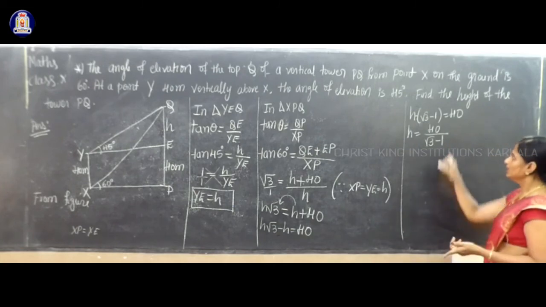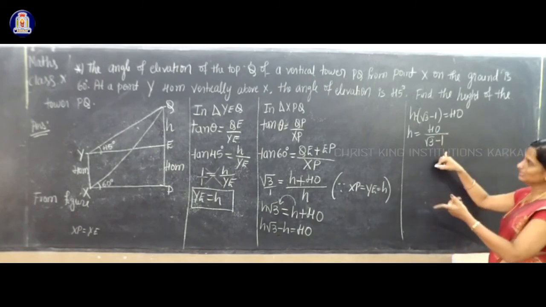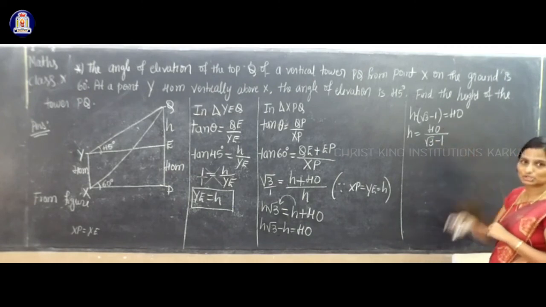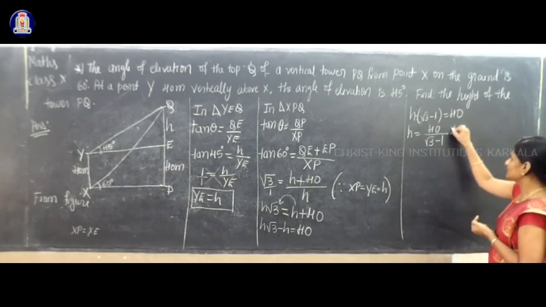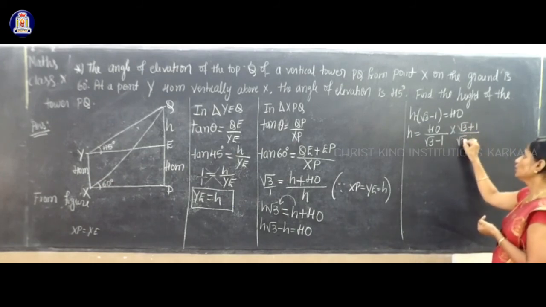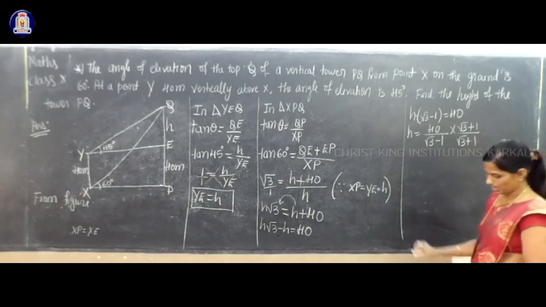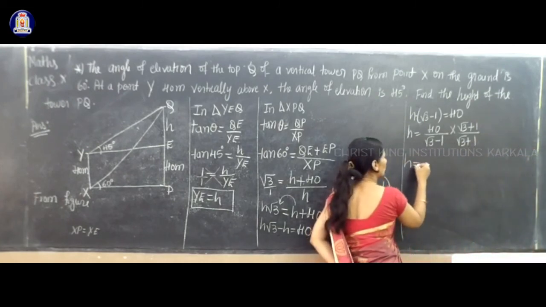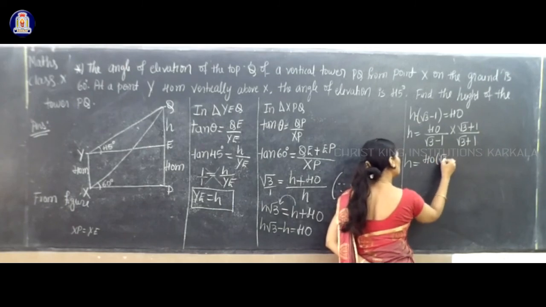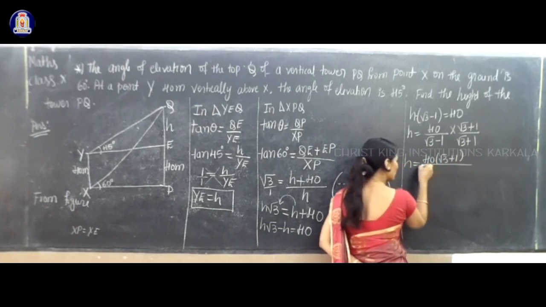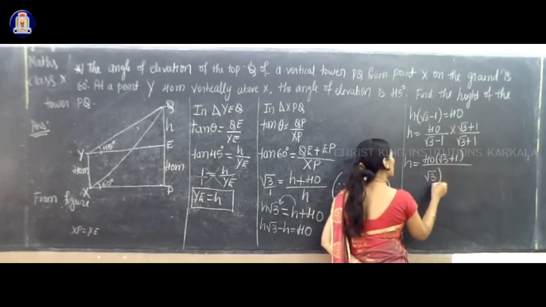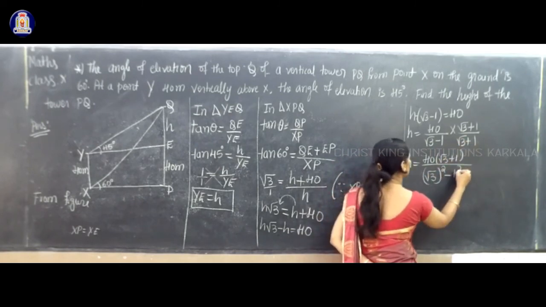Already I told you, in the application of trigonometry, rationalization is important. So rationalize the denominator. Root 3 plus 1 divided by root 3 plus 1. So now H is equal to 40 into root 3 plus 1 divided by a minus b, a plus b, a square minus b square. Correct?